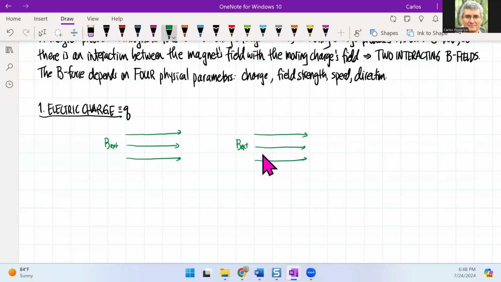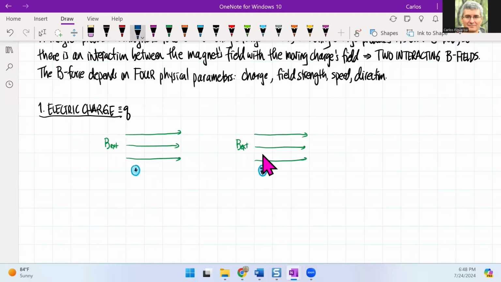Now I have a charge. My charge is going to look something like this. Because it depends on velocity, I'm not going to look at the details of the velocity. We're here to only look at the charge. So if I have one charge here, and over here, this guy has 4 charges.